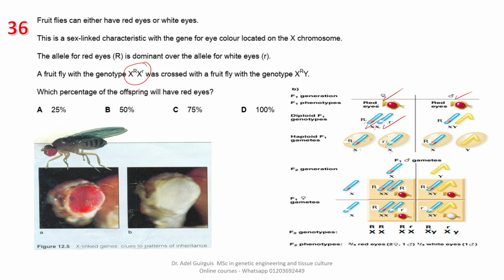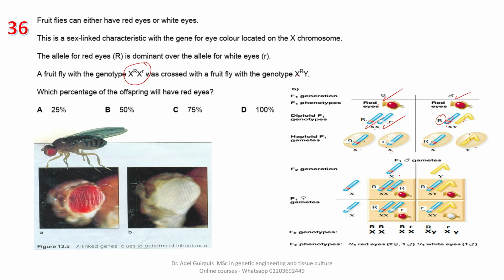While for the male, X^R Y: Y doesn't carry any alleles or any genes responsible for any character. Y is needed for sex determination. Here 2 gametes times 2 gametes equals 4 offspring.